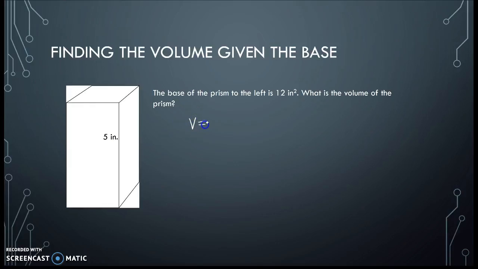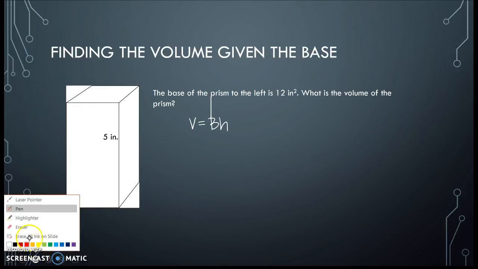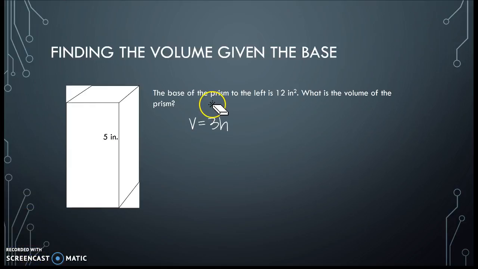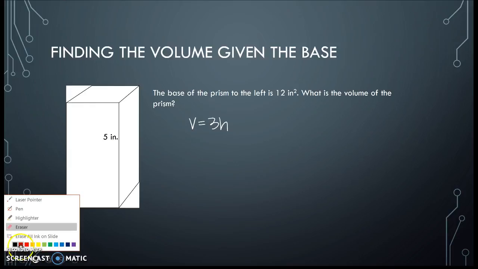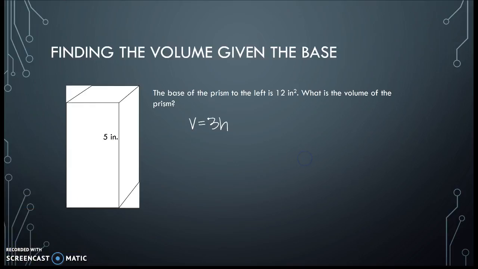So volume equals big B times height. Okay. So big B times height. So off to the right, you're always going to do your area of the base calculation, okay? And then we're going to plug it back in for B.